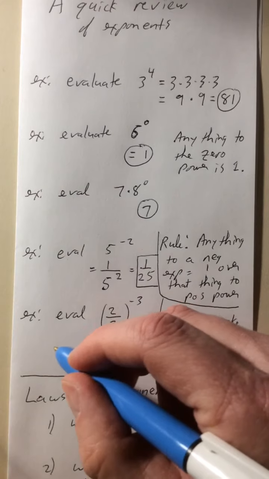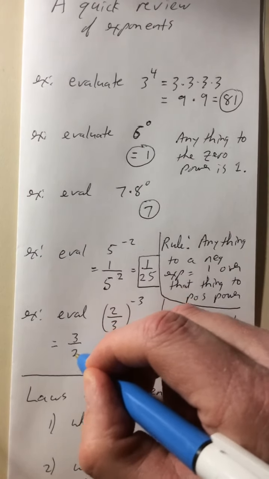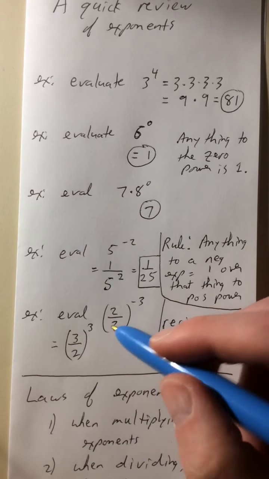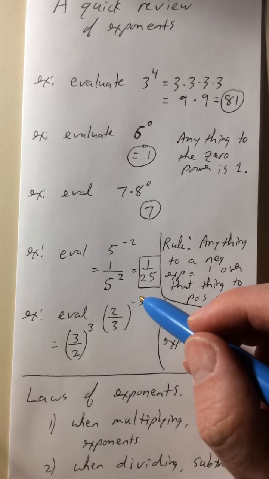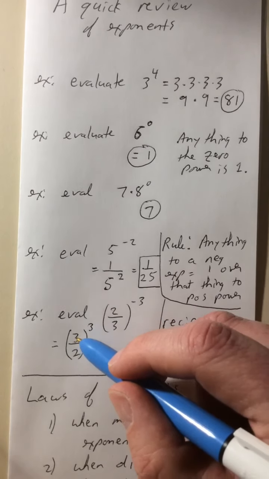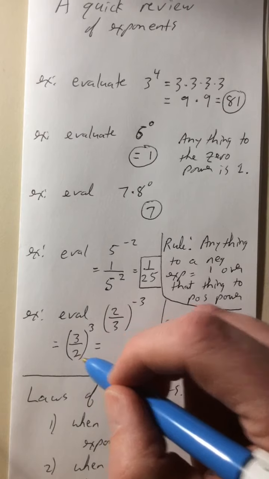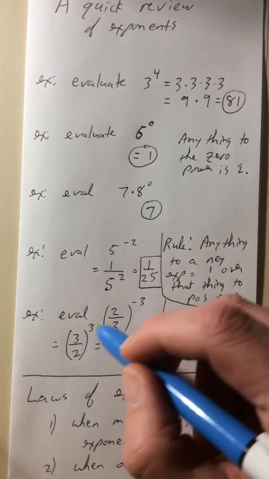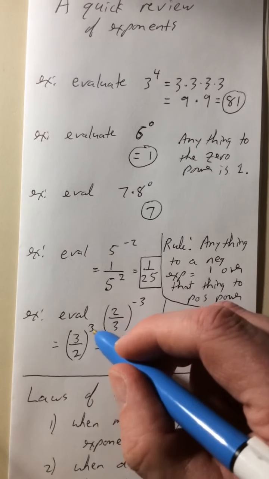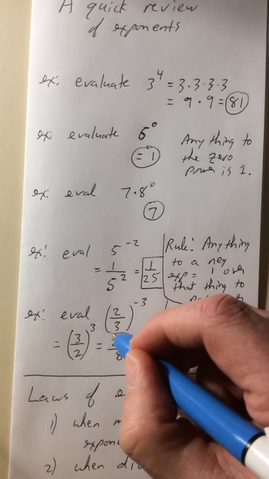So we flip the fraction to 3 over 2, and make this a positive exponent. Then we just do 3 to the 3rd power. We apply the power to the top and the bottom of the fraction. 3 to the 3rd power is 27. 2 to the 3rd power is 8. And we're done, 27 over 8.